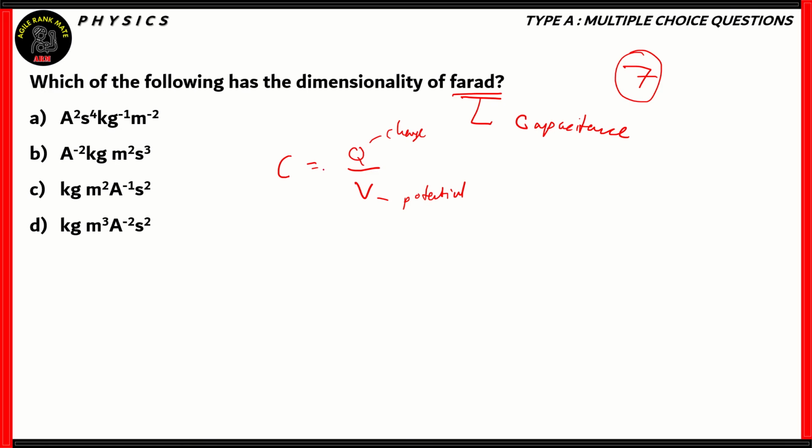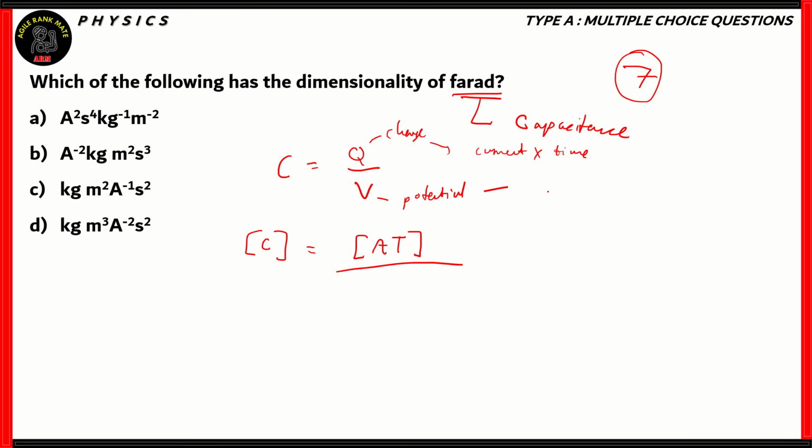So if we were to look at the dimensions of capacitance, we would have to use the dimensions of charge, divided by the dimensions of potential. Now, charge can be written as current multiplied by time, and both current and time are part of the 7 basic units. So therefore, we can write it as A times T, the dimensions of the numerator.